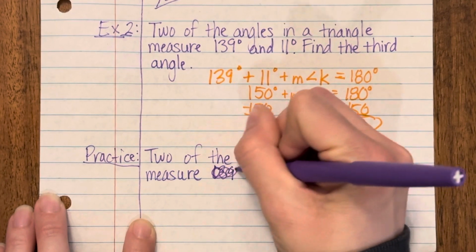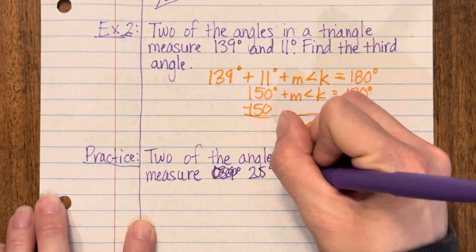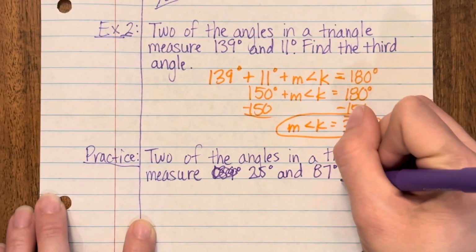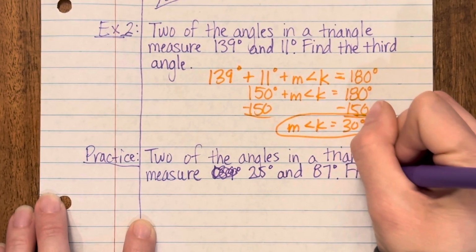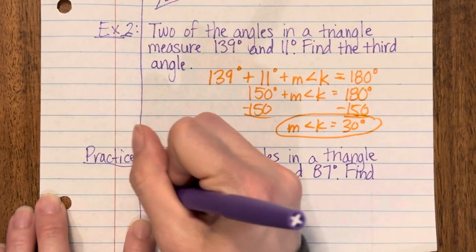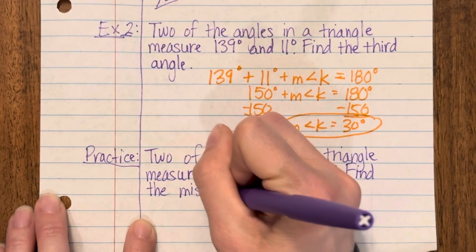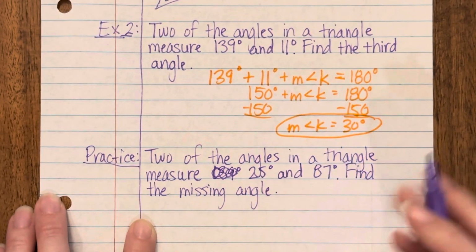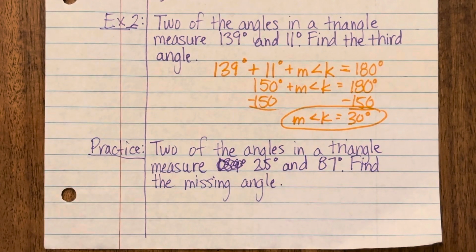Okay, so let's do 25 degrees and 87 degrees. Okay, we're gonna find the missing angle. All right, take a moment, see if you can find that missing angle, and then we'll go over it. You can pause it if you need to.